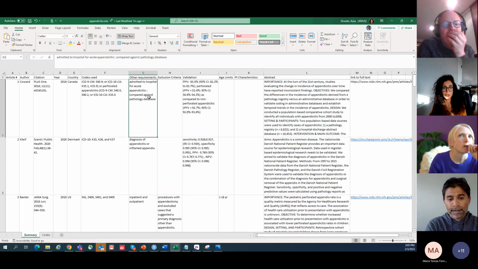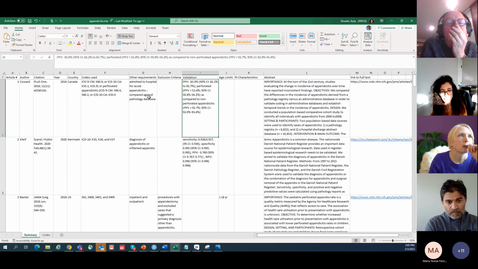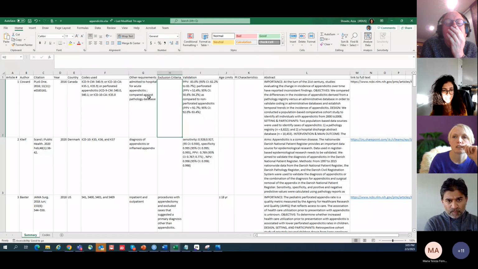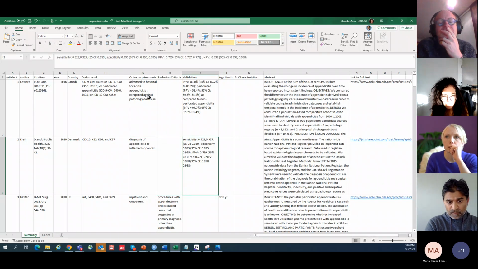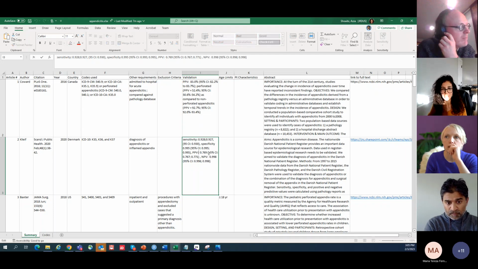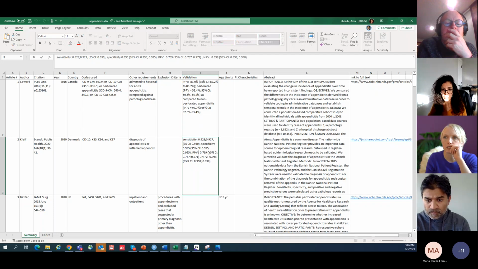This is just how much the literature is flawed. Here's a definition that did require hospitalization, and in their adjudication they had a PPV of 83%. This one did not require hospitalization, and their PPV is 0.76, so it did look like it went down.